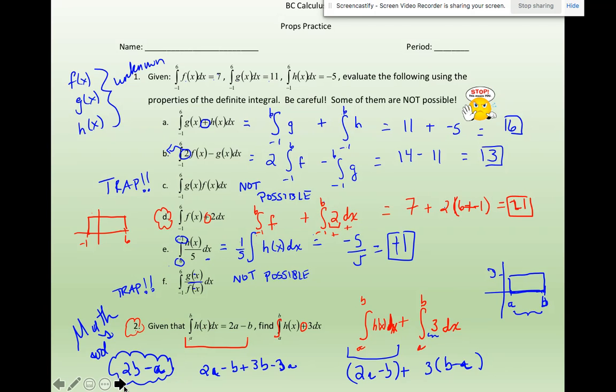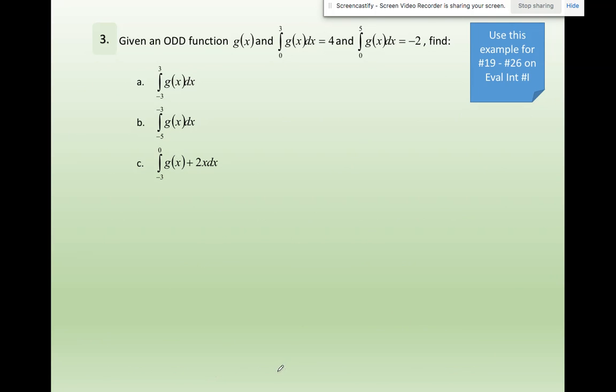Let's do some more. Turn this sheet over. Now, this won't normally be capitalized. Notice on your paper, it's not capitalized. I capitalized it because you can't do this problem if you don't know what an odd function is.